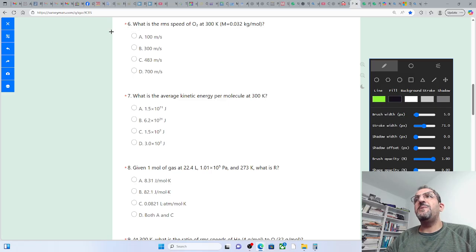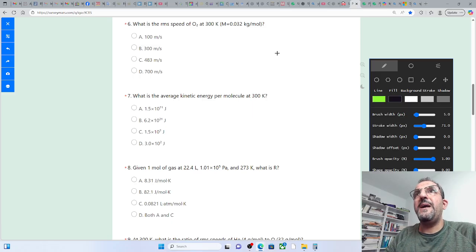Problem number 6 is asking what is the root mean square speed of an oxygen molecule at 300 Kelvin. I know that the molecular weight for the oxygen molecule is 0.032 kilogram per mole.